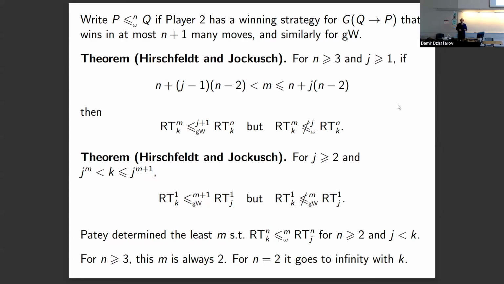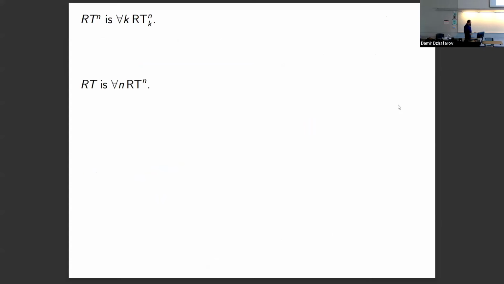For n greater than 3, it's always 2. So you can't always do it in 1 step, but you can always do it in 2 steps with however many colors you want. So that method of doing it is not actually optimal from this point of view. And you can leverage the computability theoretic content of these theorems to actually do better in some encoding. So that is, I think, very interesting.